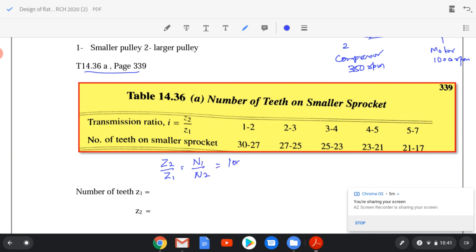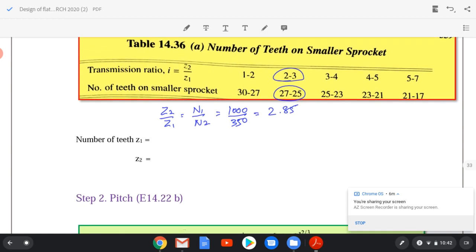N1 is given as 1000 rpm divided by rpm of the larger pulley, 350. You will get that value 2.85. So in this table I can see that it falls in this range 2 to 3, for which the number of teeth on the smallest sprocket will be between 27 to 25. I can take a value in between that.